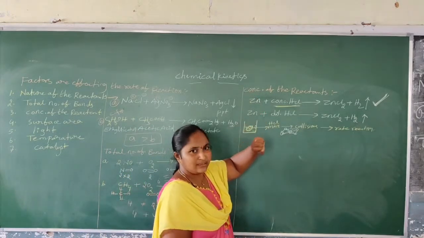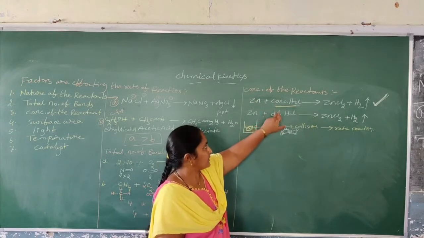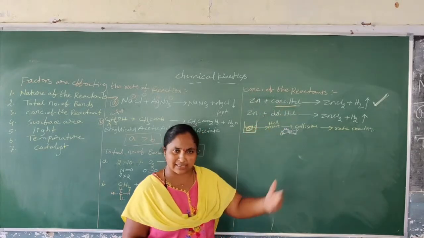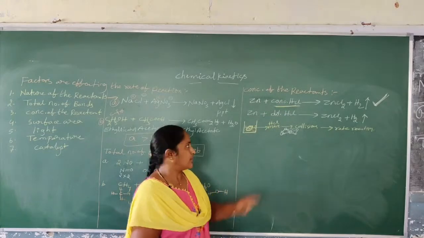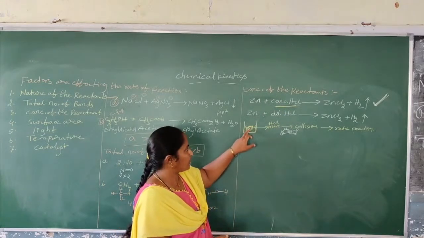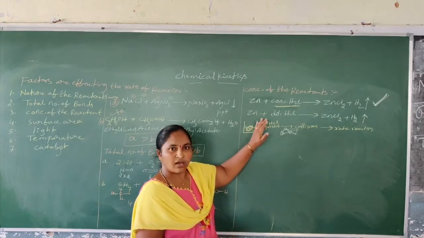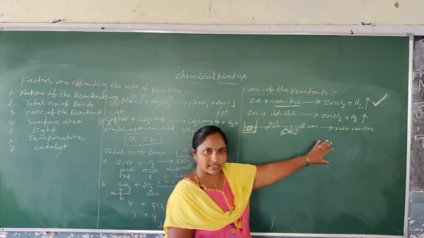As the concentration of the reactant increases, the rate of reaction also increases, because the number of molecules per unit volume is more, so they are involved in more collisions.